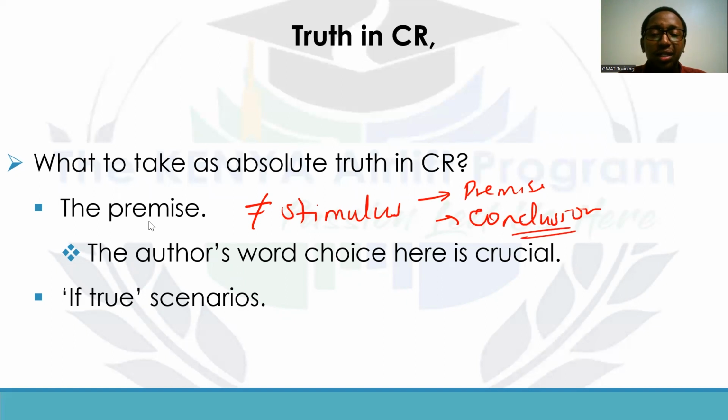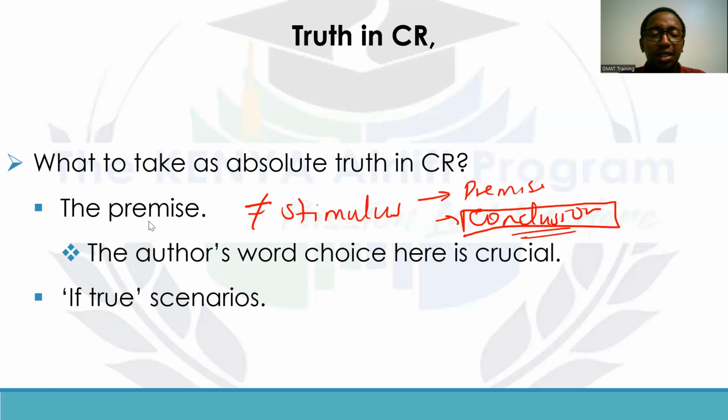The conclusion is not always absolute truth, because in some question types, like weakening the conclusion or assumption questions, the conclusion is actually played around with. That means maybe you are supposed to prove that it's true, prove that it's false, weaken it, or see the flaw in the logic that this conclusion stems from. So we are not including the conclusion in absolute truth. We are just saying the premise.